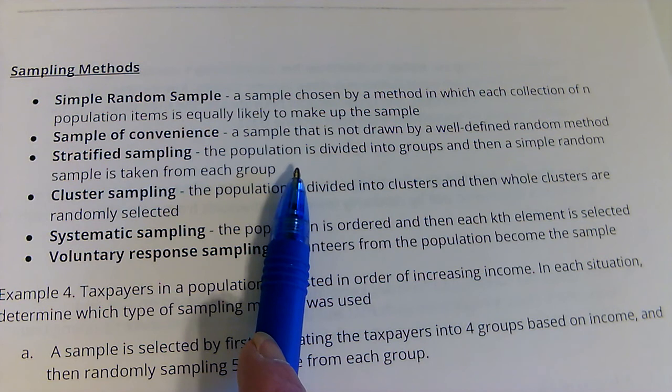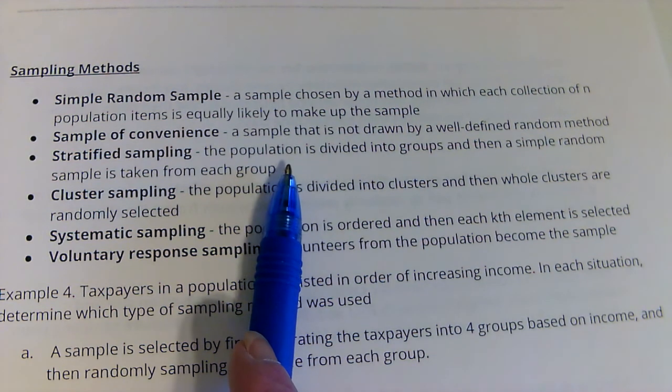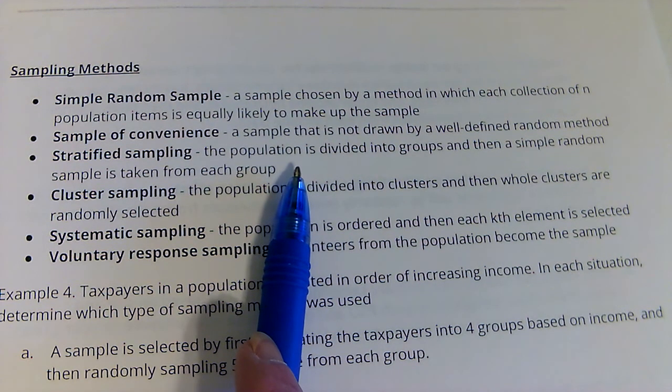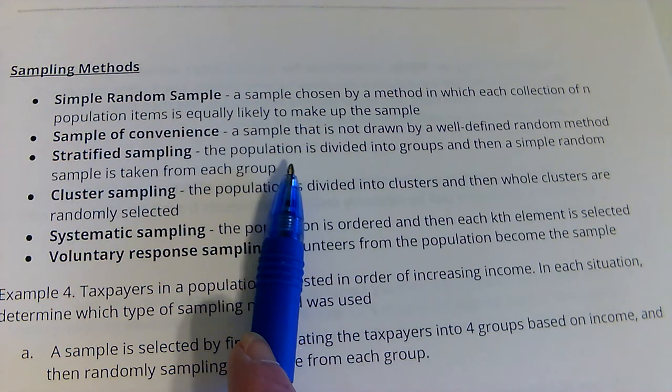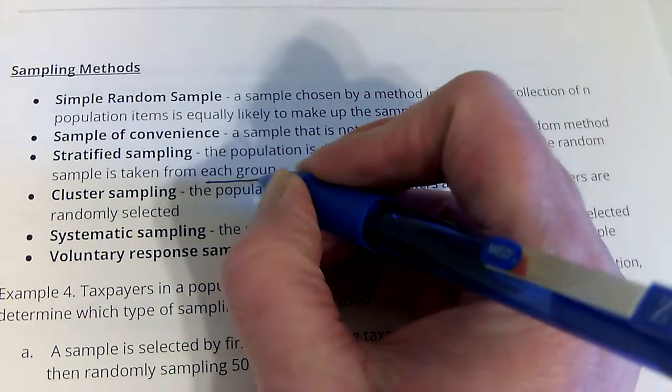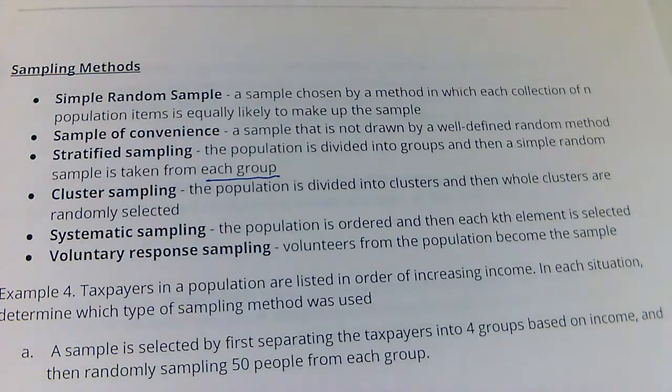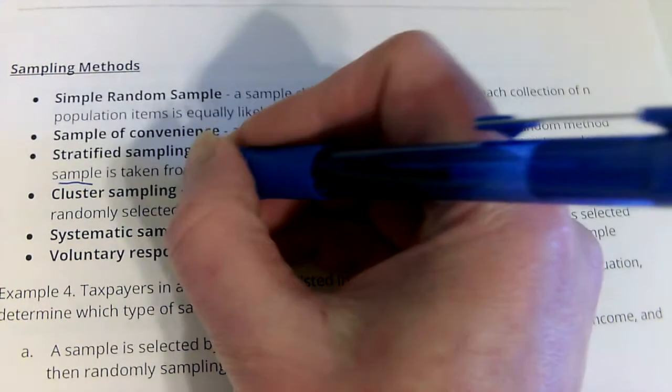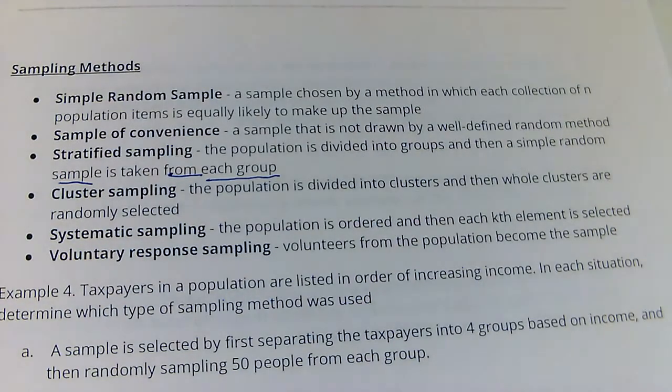I think of this one, say I take a high school, and that population is already divided into grade levels, freshmen, sophomores, juniors, seniors. And then I take a sample from each group. Each group is sampled. A sample from each group.